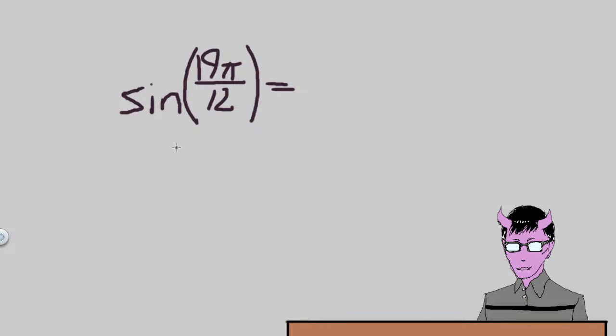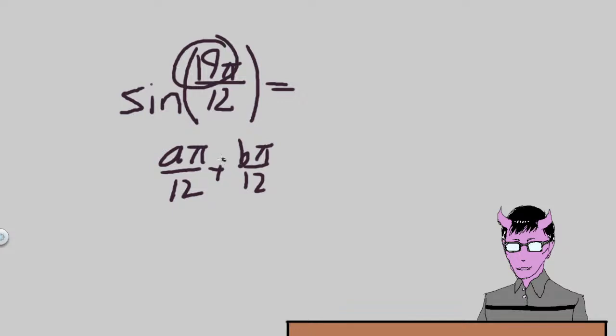So hypothetically, a pi over 12 plus b pi over 12. It could be a plus or minus, but since this is bigger than 12, it's probably easier to consider this as a sum of 2 rather than a subtraction. So how can we split the 19 into something divisible each by 12?